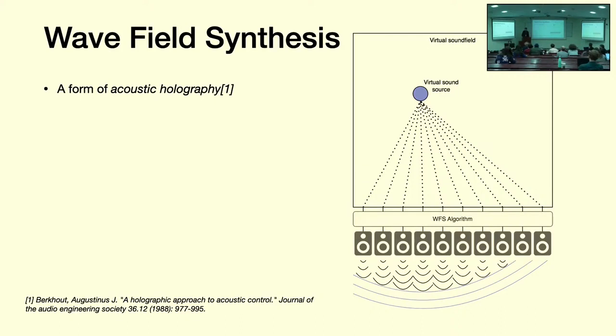What this indicates, though, is that in order to create these simulated wave fronts here, the blue lines, there needs to be a good deal of synchronicity between the speakers in the speaker array.